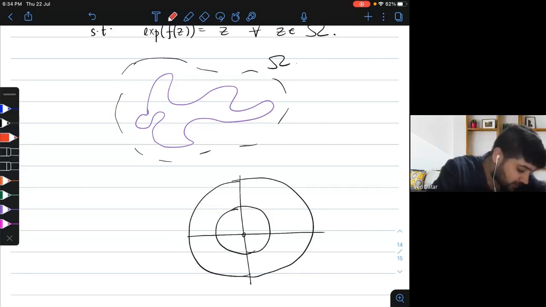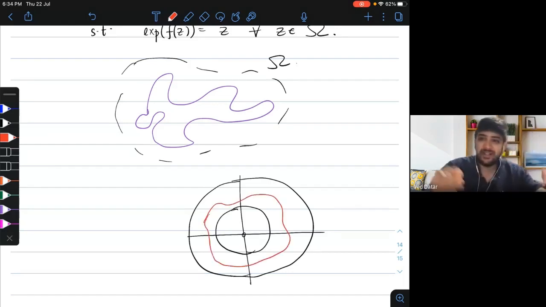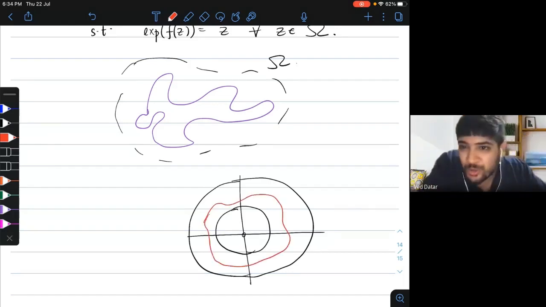Because if you take a curve that passes around the origin, there's no way to shrink that down to a point without actually going outside the annulus. So in this case, that is why it doesn't have a logarithm.